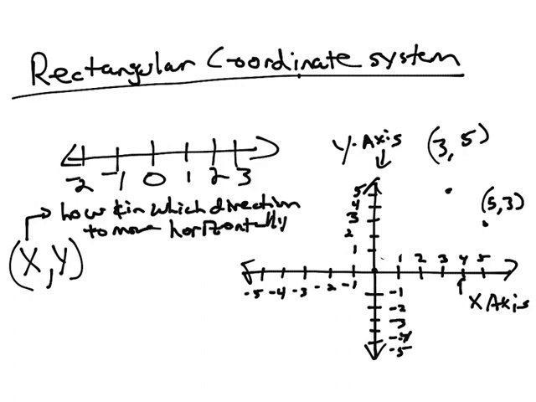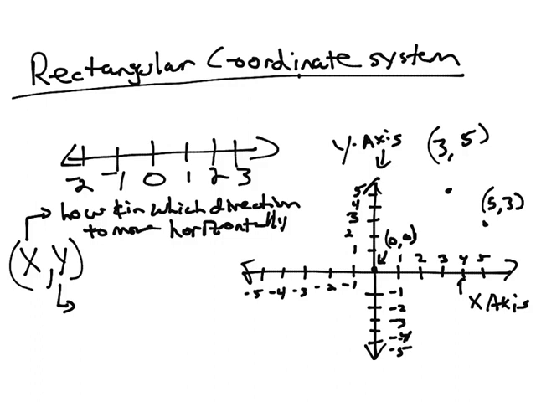We always start at the origin here, which has an address of 0, 0, because there's no movement in either direction. And so there's our reference point. Our anchor point for this system is 0, 0, that crossing point. We call it the origin.